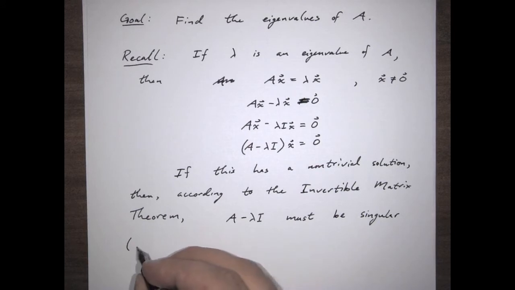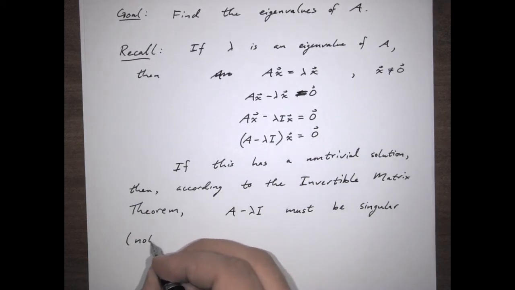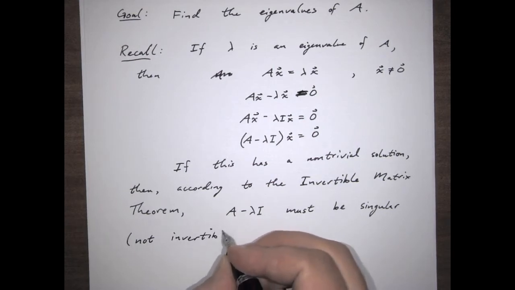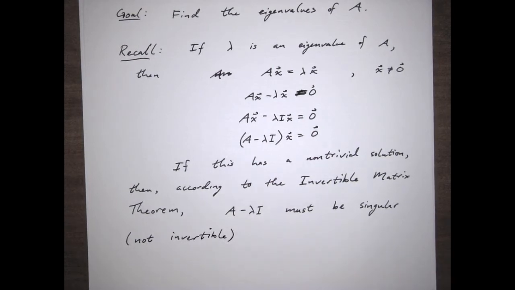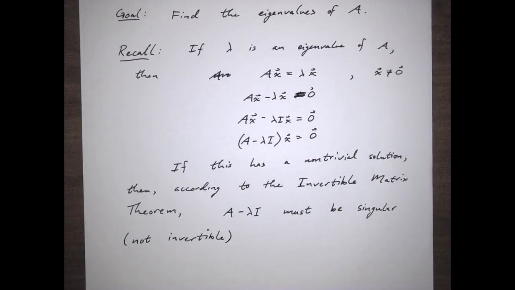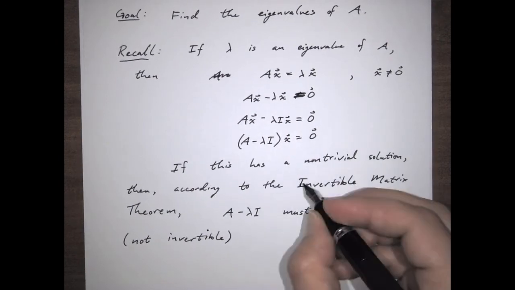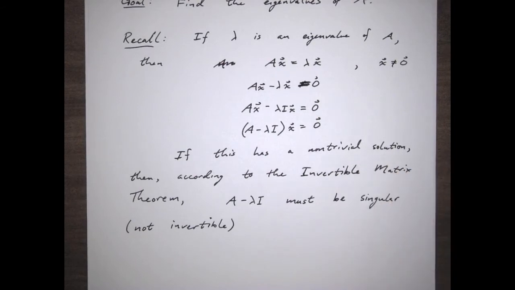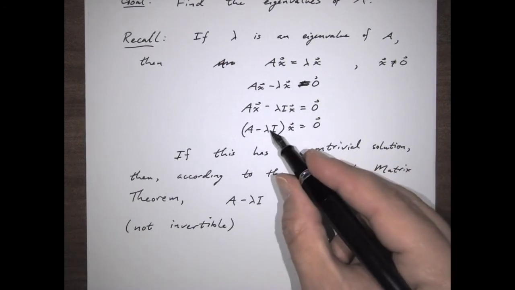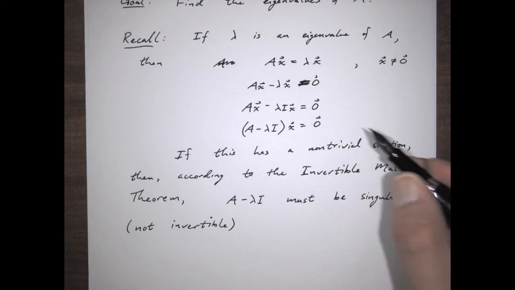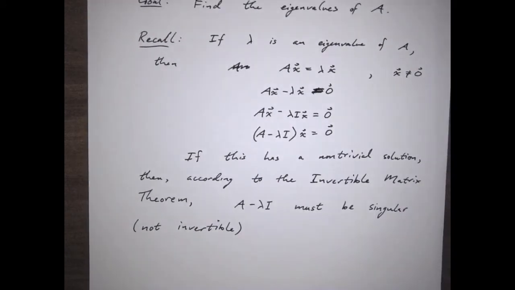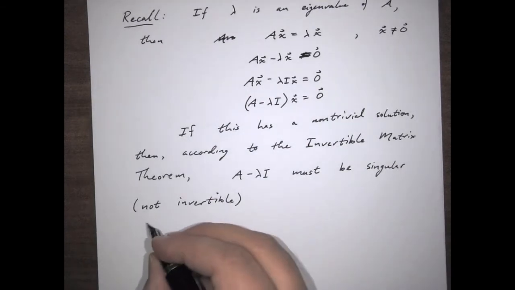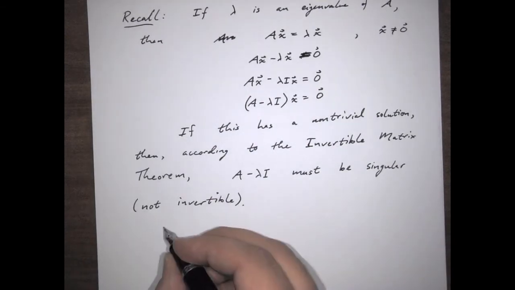In other words, not invertible. If it were invertible, then there would only be the trivial solution. In fact, you could see that because we could just multiply by the inverse of it on both sides, and we'd get the 0 vector for x. So that means it's not invertible.